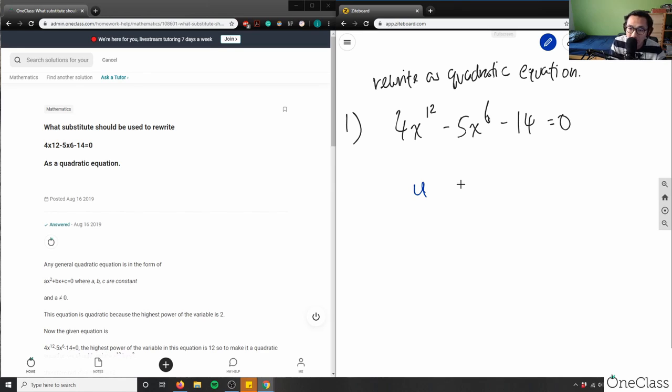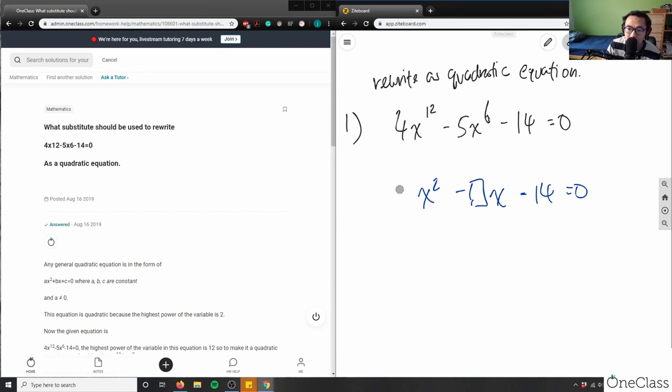I want this to become a quadratic, like x squared minus x minus something equals 0. The 14 stays constant, I don't have to change the 14. So I'm just solving for whatever these two blanks are.